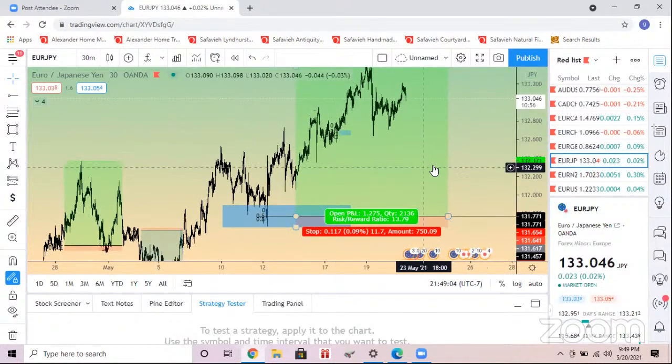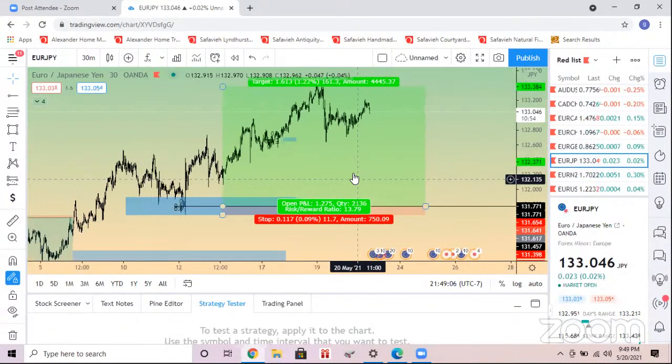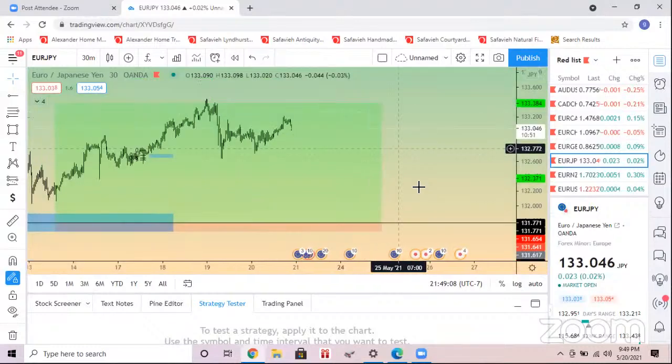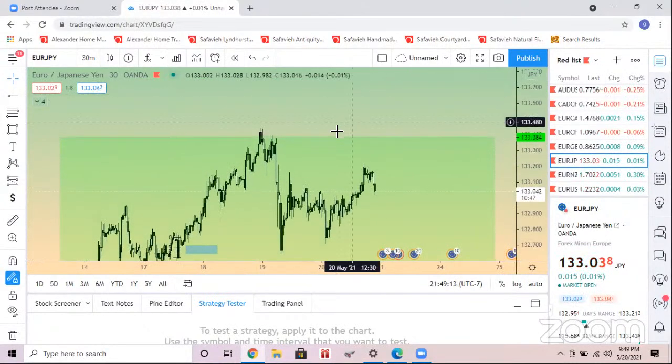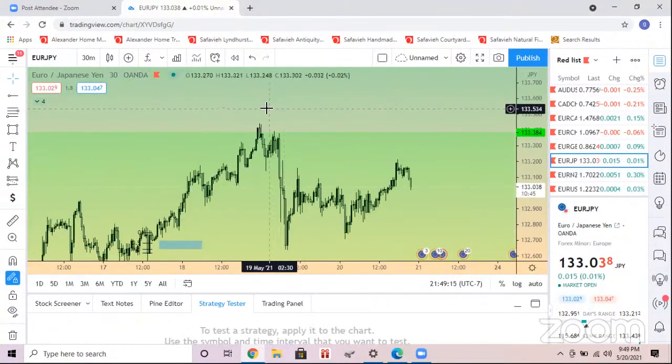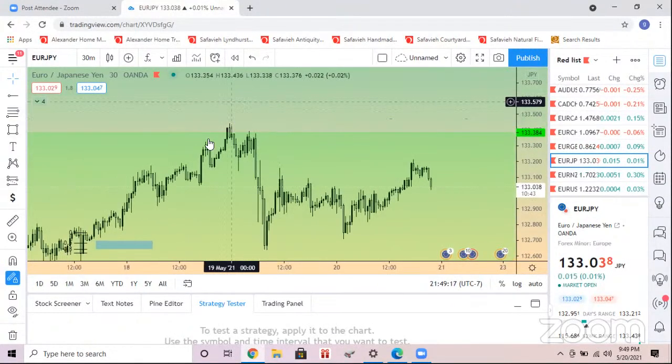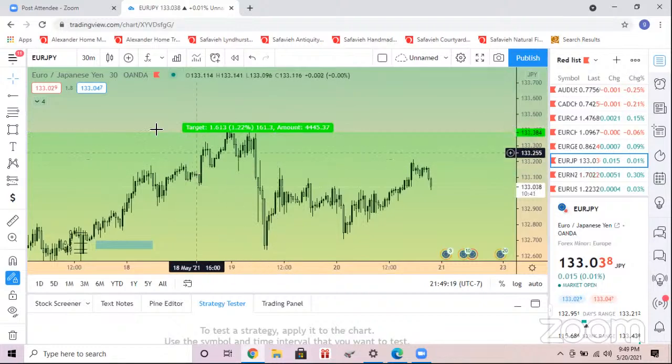EJ. Same thing with this one. Do we need a distribution here? So if you did want to sell into the buy, we did get a distribution right here.